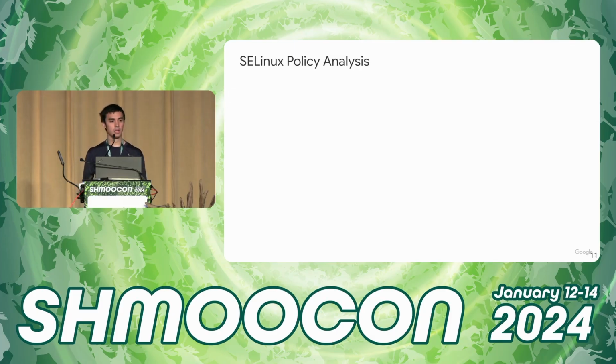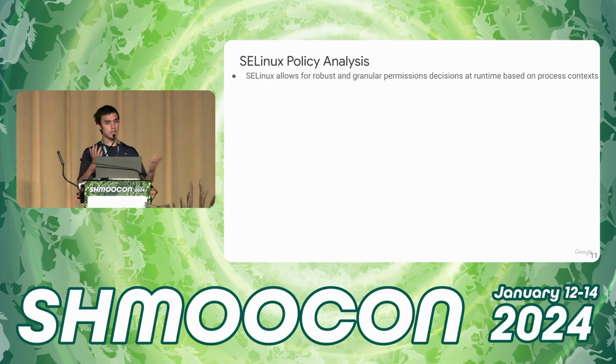The final technique that I used was SELinux policy analysis. Discussing SELinux is perhaps a little bit out of the scope of the talk, but one brief sentence is that it allows for robust and granular permissions decisions at runtime based on process context, and it does this using a policy file that is loaded into the kernel at startup. Those policies usually reflect what the developers intend to be accessible.